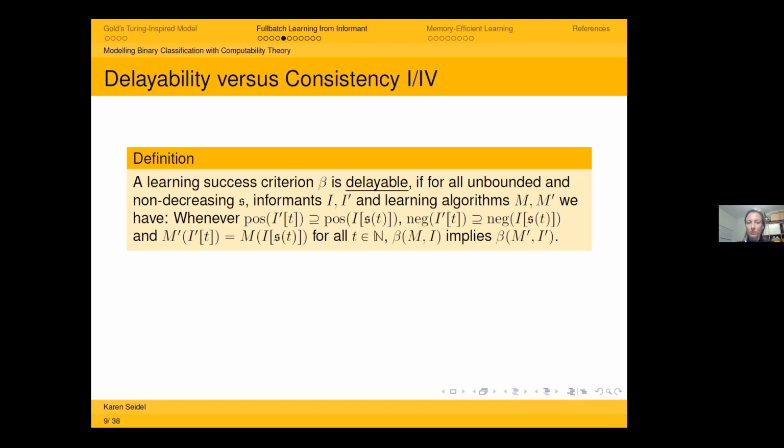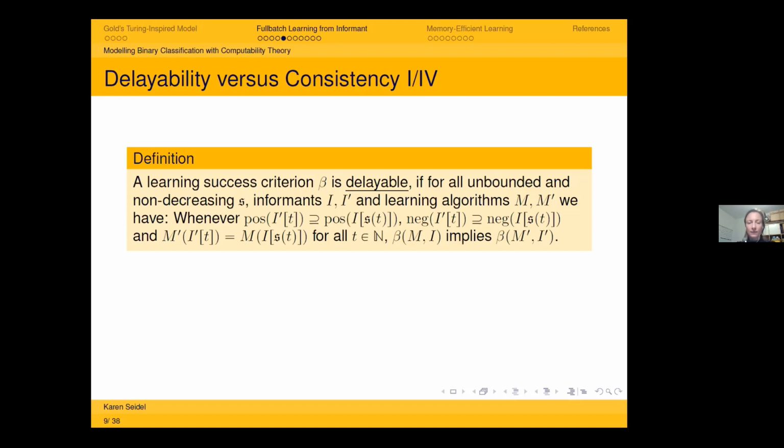And this holds for the positive information, the positively labeled, and the negative information, the negatively labeled information. And also, there are two learning algorithms, M and M prime. And the one bases its hypothesis on I prime, the same one as the other learning algorithm would output on the data stream I translated with this simulating function.